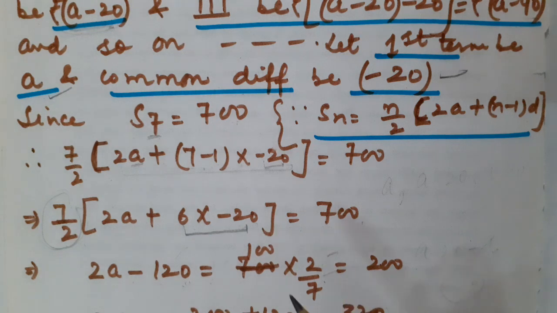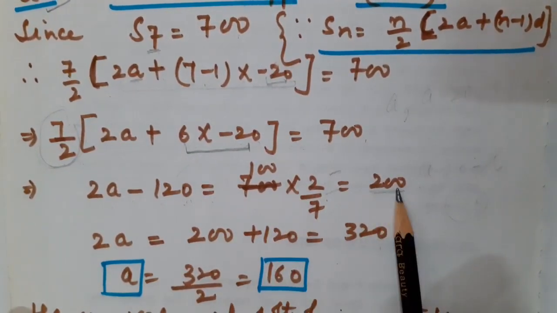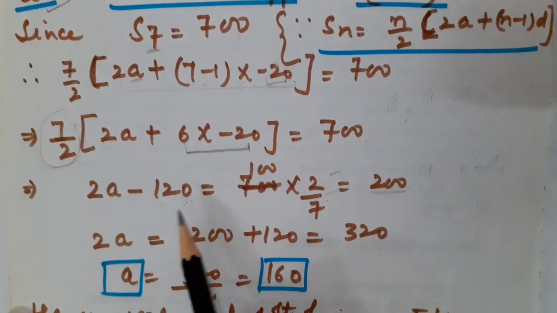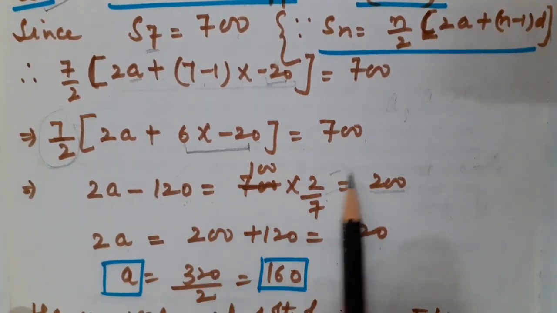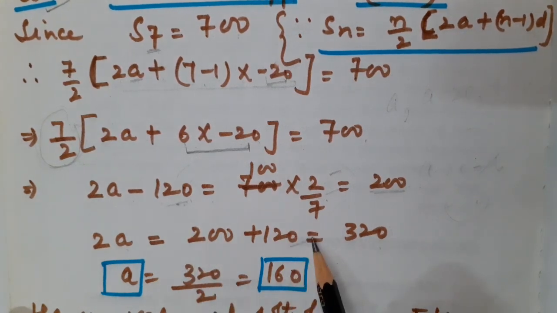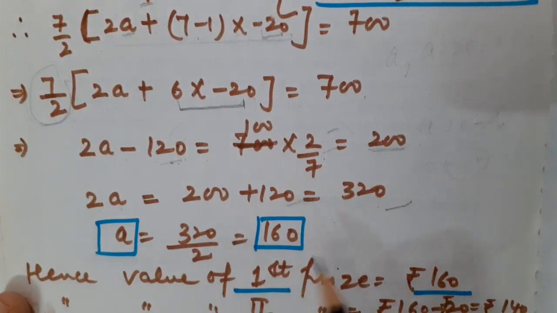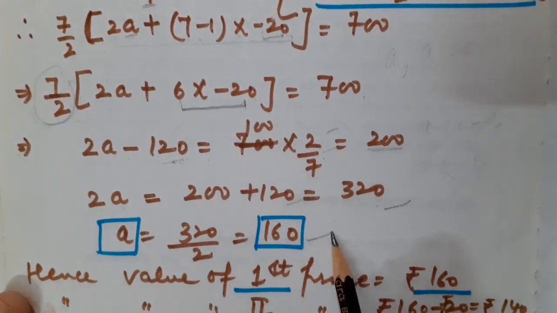So this is 2a minus 120, because 20 into 6 will give you 120 with minus sign, is equal to 700. This 7 by 2 is multiplying, so it will be divided. That would become 2 by 7, is equal to, after simplifying it, I have got 200. So 2a is equal to 200 plus 120, because this is minus 120 on the left hand side, it would become plus 120 on the right hand side, that is equal to 320. So a is equal to 160.